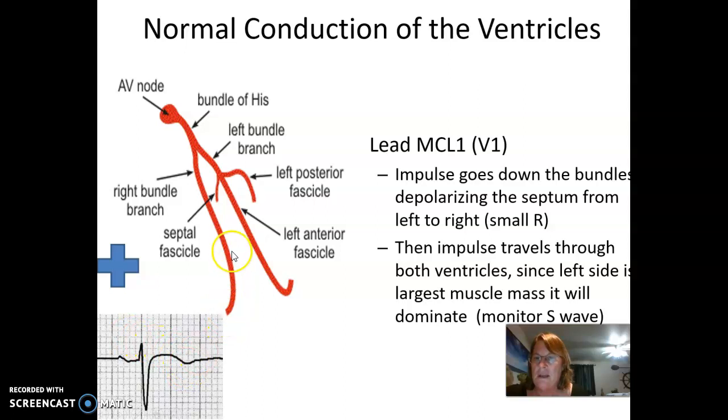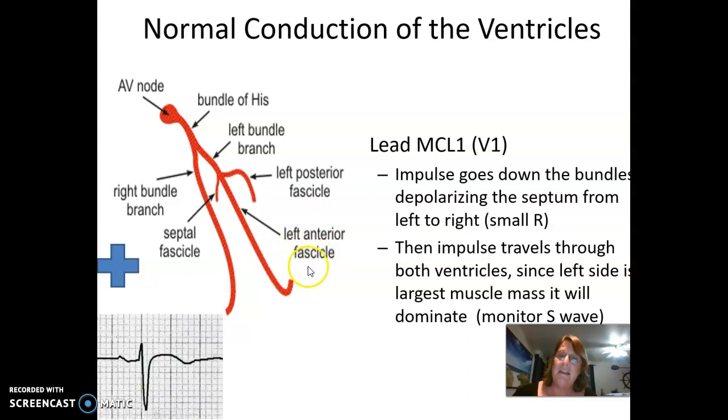Then it's going to finish coming down this right ventricle and coming down the left ventricle at the same time. So now it's depolarizing both right and left sides at the same time. Well, the thing you have to remember is, again, left side of the heart, larger muscle mass. It is 3 times thicker than the right side. So it's going to pick up the left side more than the right side.